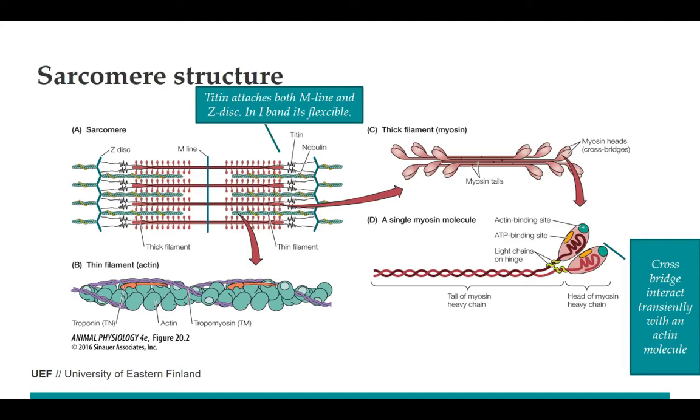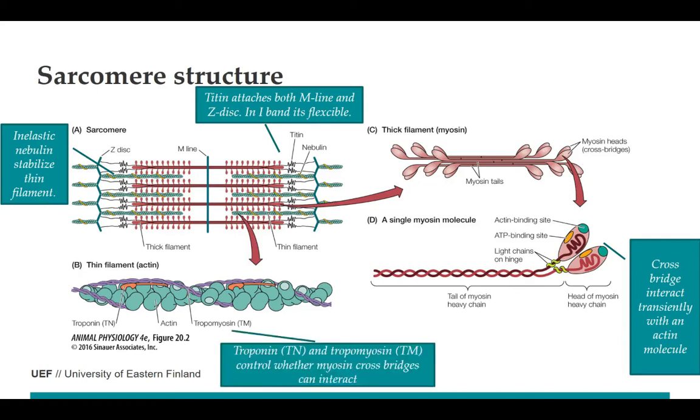Then beside titin, there is inelastic nebulin that is stabilizing this thin filament, keeping it straight and keeping the structure. So there are some supportive proteins, and then in the thin filament itself, we have troponin and tropomyosin, and they are very important for this cross-bridge interaction. So they are regulators of this whole contraction.